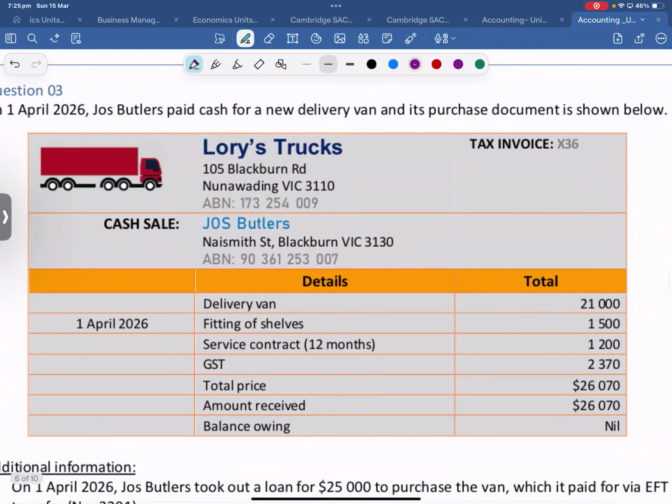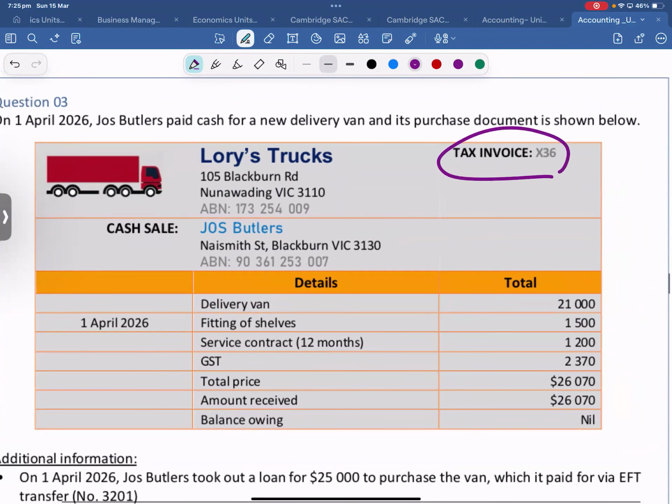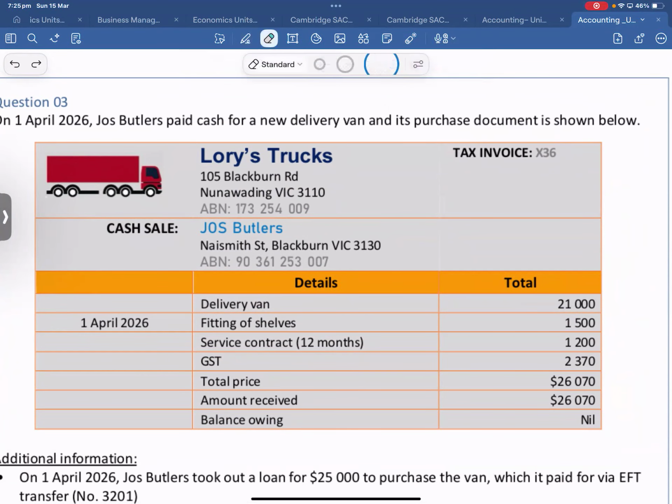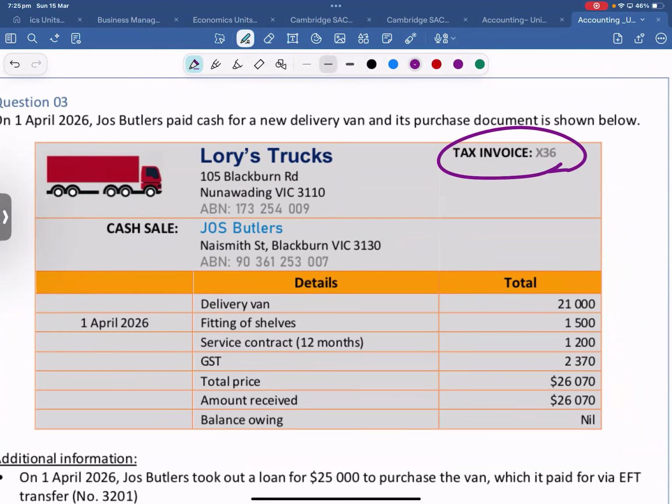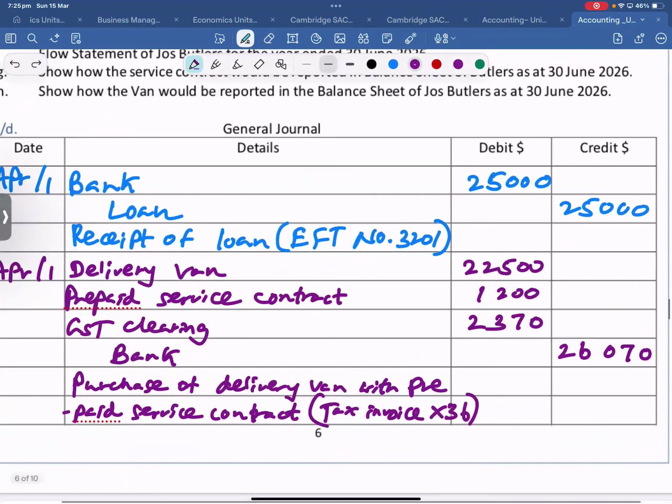No. But tax invoice X36, so that's the only reference that we have. So then you can just write X36. Wait, so there's a separate tax invoice now. Tax invoice is a source document, this is some state's GST, right? Yes. So can you just have a tax invoice, but not a receipt?